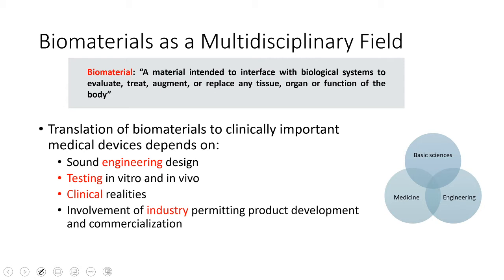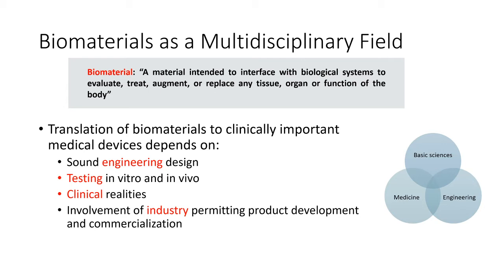So biomaterials is kind of this intersection of basic sciences like physics, chemistry, and biology, as well as medicine, because there's this translational part of it where you use biomaterials in the clinic and in medicine, as well as engineering, because they serve a very specific purpose and it requires very specific solutions for it to be usable in medicine.